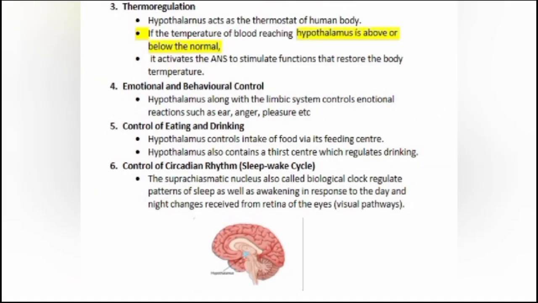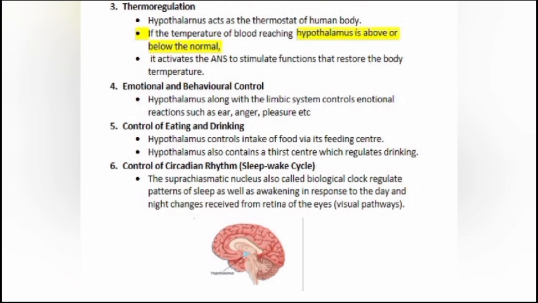Next, it helps in thermoregulation, which means our normal body temperature is maintained by the hypothalamus. Emotional and behavioral control, like anger and pleasure, is controlled by the hypothalamus. Controlling of eating and drinking is also controlled by the hypothalamus.